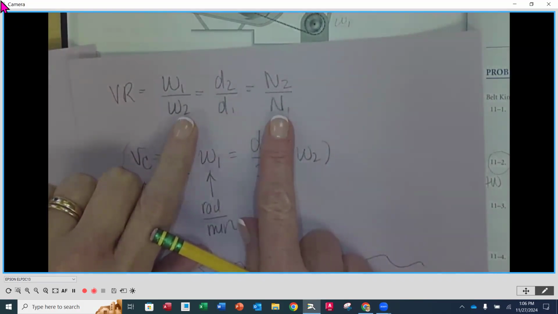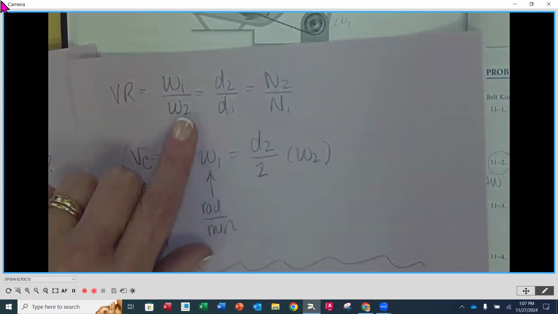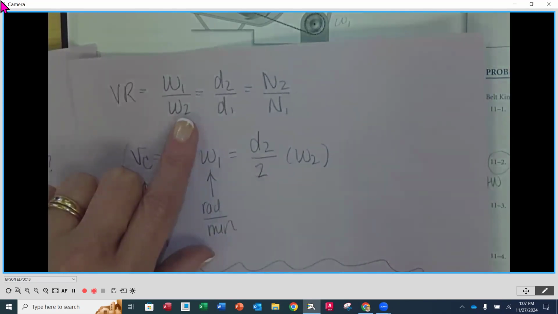I want to be sure everybody sees what I'm doing here, because when you hand in your practice problems, if you don't follow the formatting that we're doing here, then you don't get the points for them. This also leads to how you're going to format your assignments. I still have people handing in things that aren't how we're doing them in class. So I'm trying to help you out.